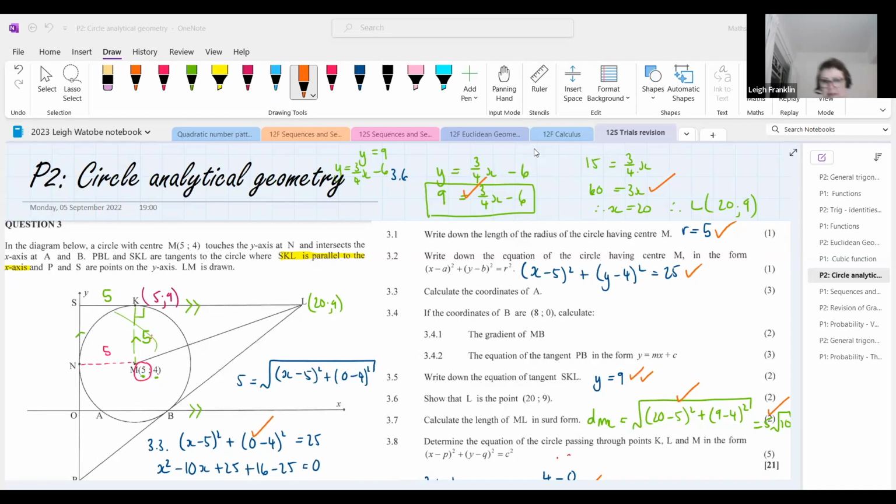Katleho, go for it. Hi, ma'am. Aren't we supposed to find the, what's this? The midpoint. No, the center of the circle, ma'am, using these two coordinates. Yes.